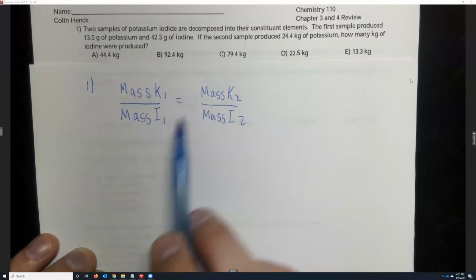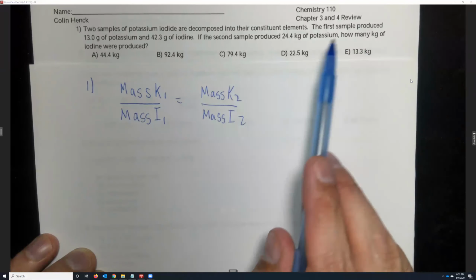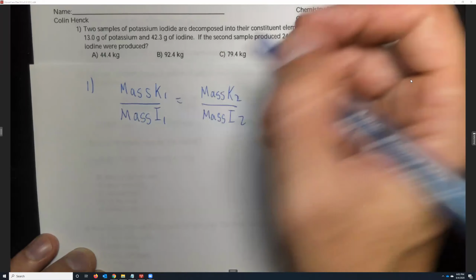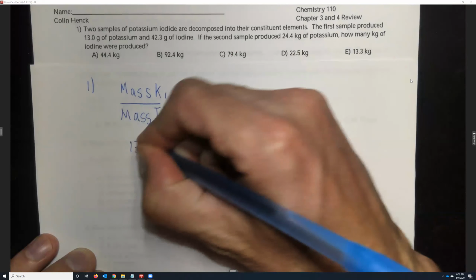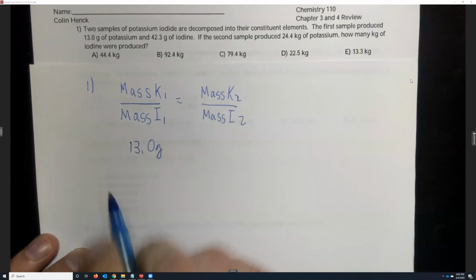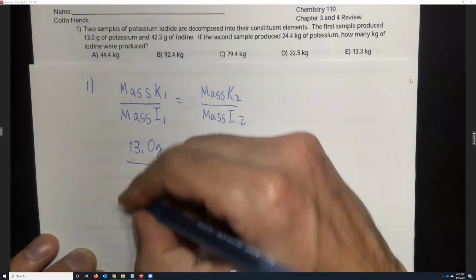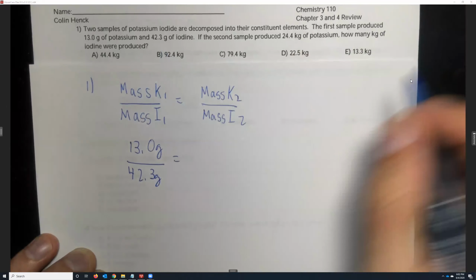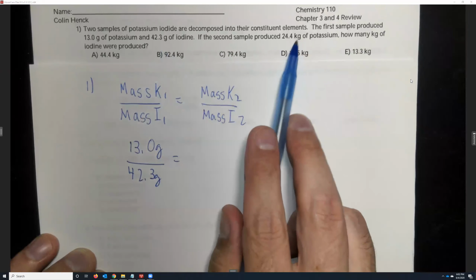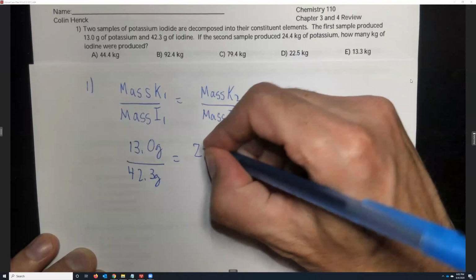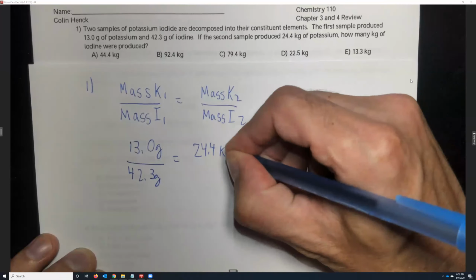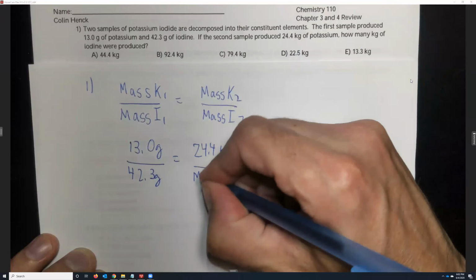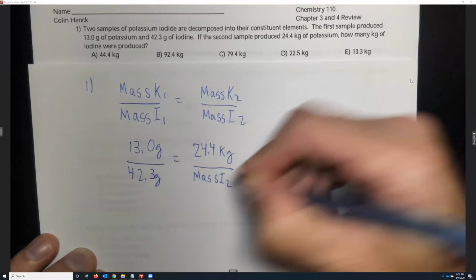So in sample 1, we had 13 grams of potassium. So the mass of K, potassium's K, is 13.0 grams. The mass of iodine in the first sample is 42.3 grams, equals the mass of potassium in sample 2 is 24.4 kilograms, and the mass of iodine in sample 2 is mass I2. That's what we don't know.